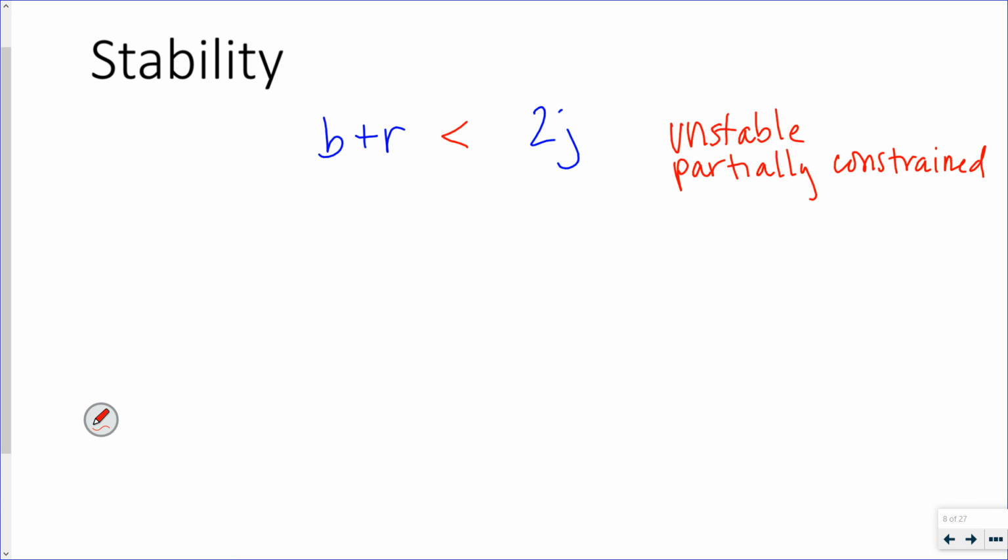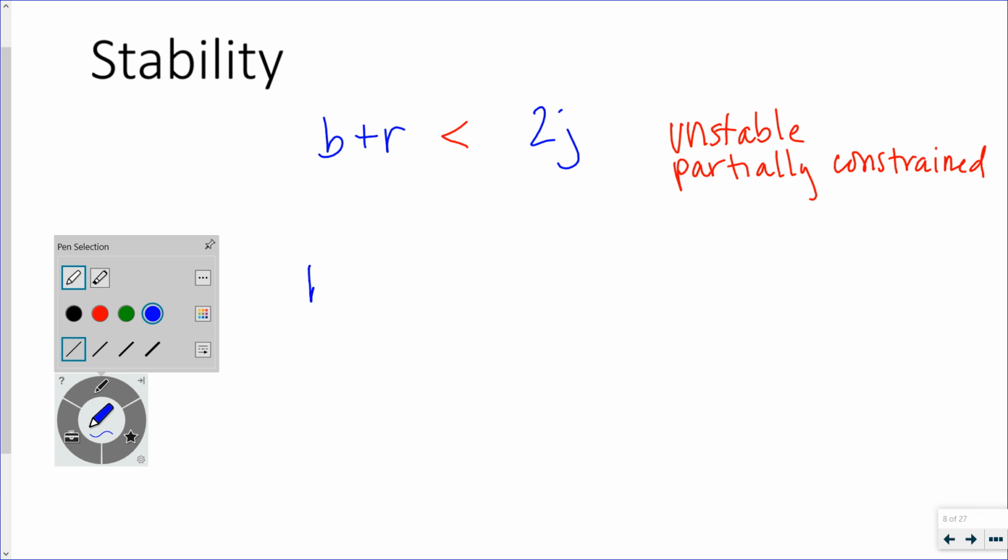All right, that was similar to when we talked about stability as a general concept. If I have not enough reactions compared to the number of joints, the number of equations, then I'm unstable.